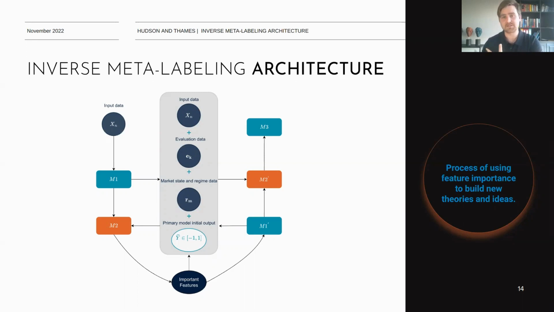Maybe the recall was too stringent, so the threshold meant there were too few trades and the recall was too low. So you want to increase recall. And then you would fit another secondary model, which you're actually going to use to filter out the false positives and use the information advantage for position sizing.